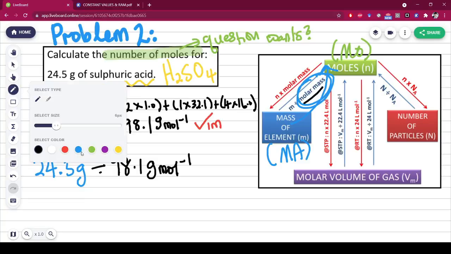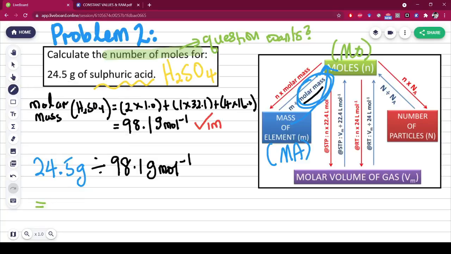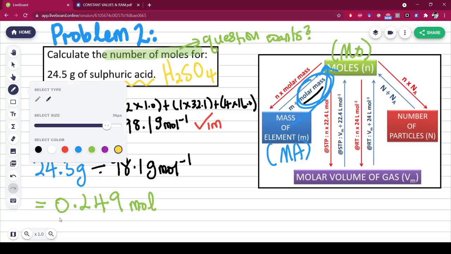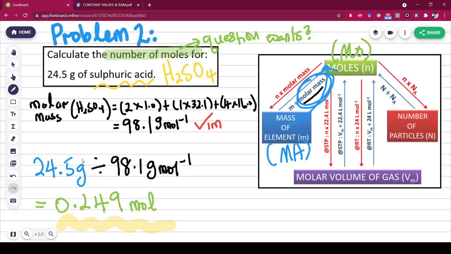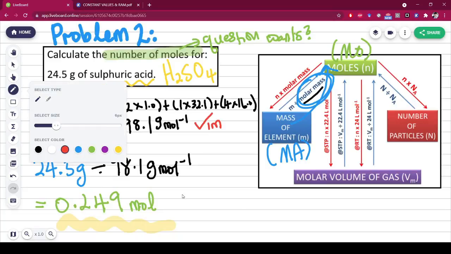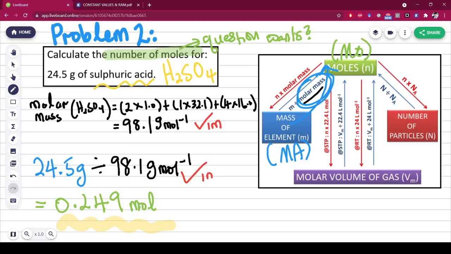Then we'll have something like 0.249 mole. Okay, so that is the answer for this question. So very easy. So you get 1 mark and another 1.